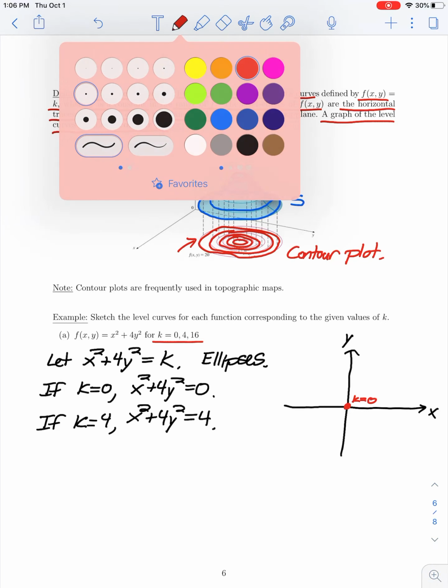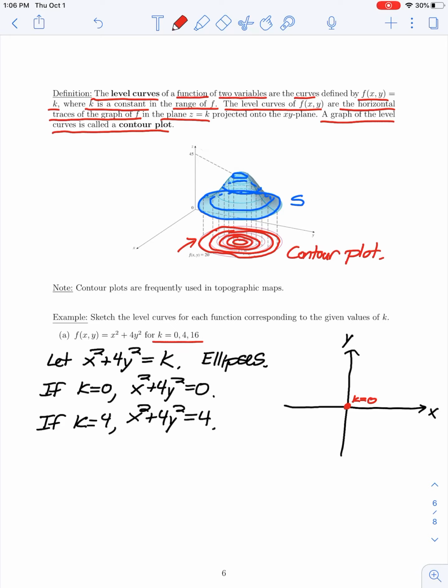To sketch this, we could find our x and y intercepts. So our x-intercepts would be at plus or minus 2, and our y-intercepts at plus or minus 1. So we would have the ellipse shown here. This would be our level curve for k equals 4.